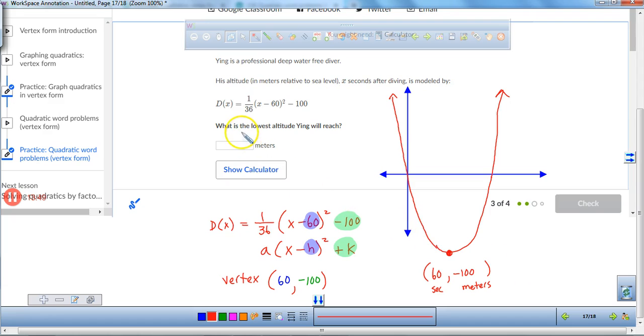So our answer for this one, what's the lowest altitude that he will reach? We're going to put negative 100 meters. How long did it take him to get there? The answer would be 60 seconds.